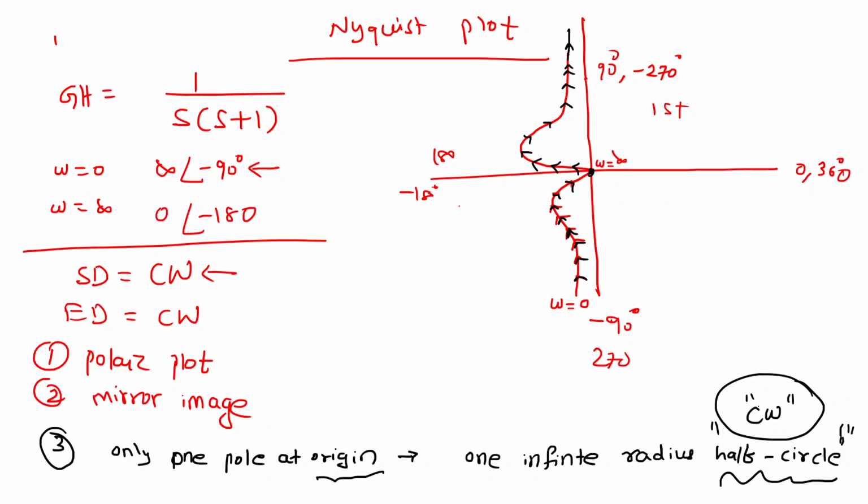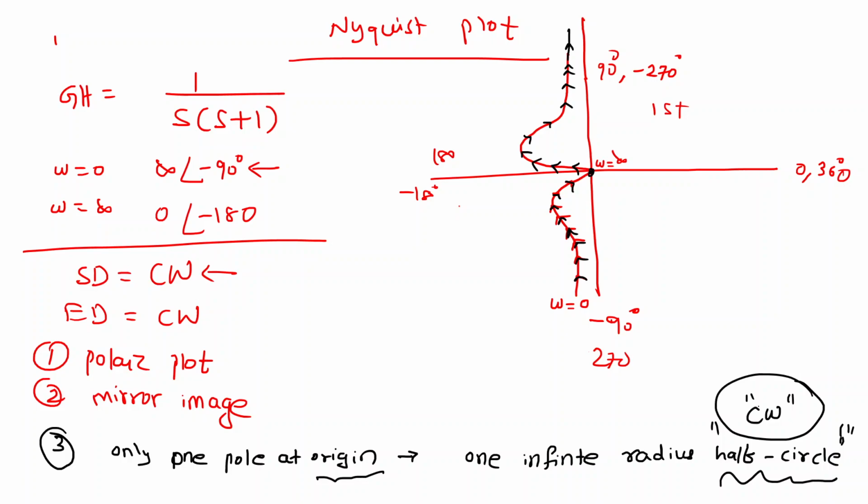As many poles as there are, the infinite radius half circle direction is positive clockwise. Just remember that. In the third point, you have to keep in mind that the number of poles at origin equals the number of infinite radius half circles, and you have to draw in clockwise direction. That's it.